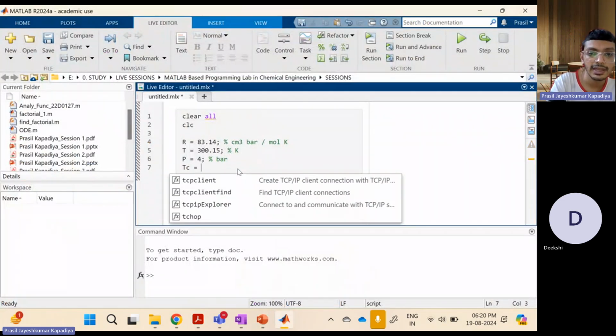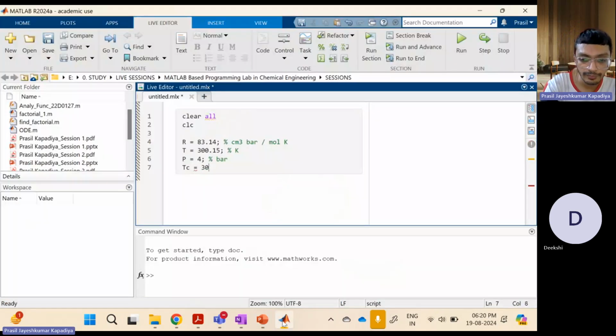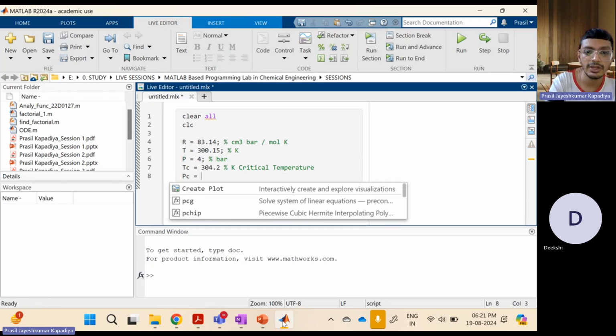So Tc is equal to 304.2 in units of Kelvin, and Tc is nothing but critical temperature. It's a good habit to write it like this, so you won't get confused. TC and PC. What is the value of PC?